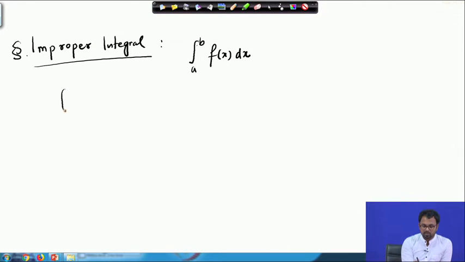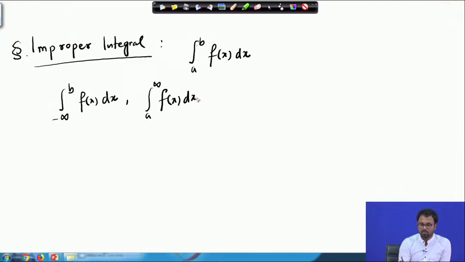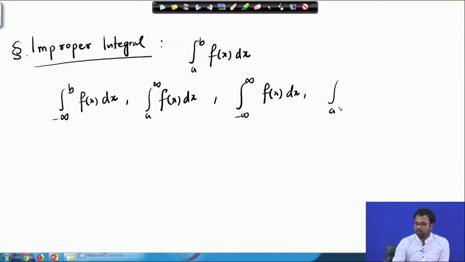It means either the lower limit is infinity, or the upper limit is infinity, or both the lower and upper limits are infinity, or the lower and upper limits are fine, but the function is discontinuous or unbounded at a point in between these two points.